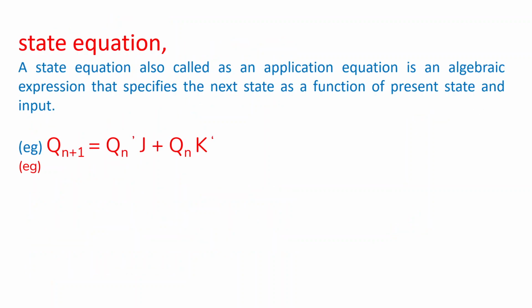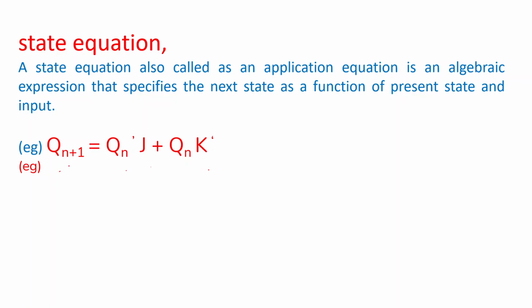Next, the state equation. A state equation is an algebraic expression that specifies the next state as a function of the present state as well as the input. Here I have taken a well-known equation, the characteristic equation for a JK flip-flop. This is the next state Qn plus 1, the present state Qn, and J and K are the flip-flop inputs.